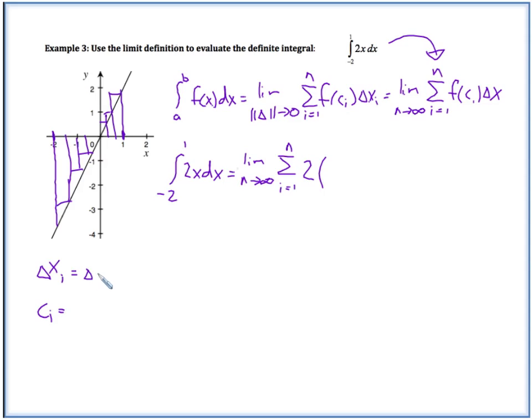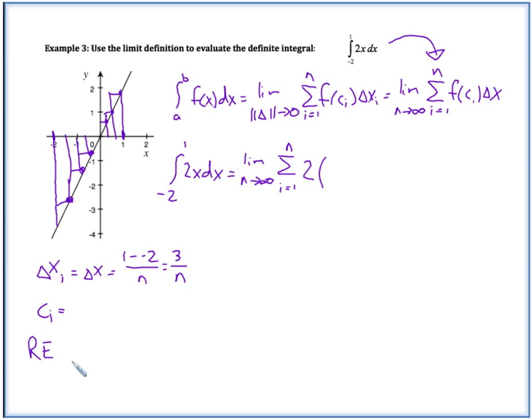And that's just going to be delta x. And so what we're going to do is take our interval and go 1 minus -2 over n subintervals. So that becomes 3 over n. And if we look at this, we're going to use right endpoints. Okay? So it's always easiest just to use our right endpoints.